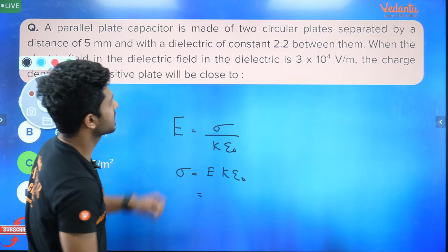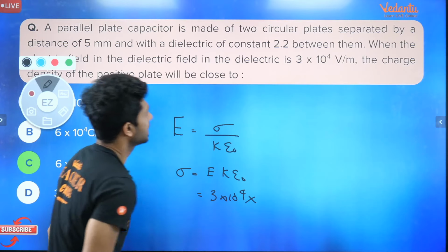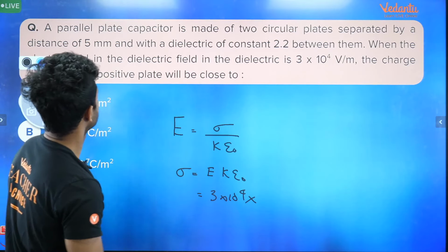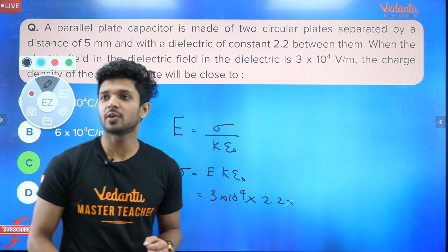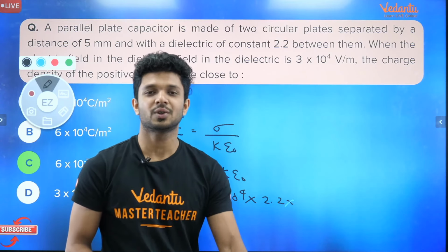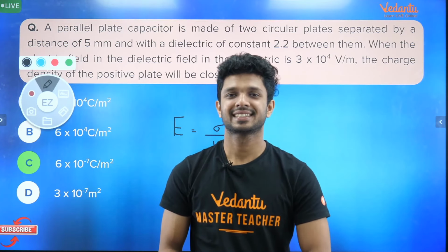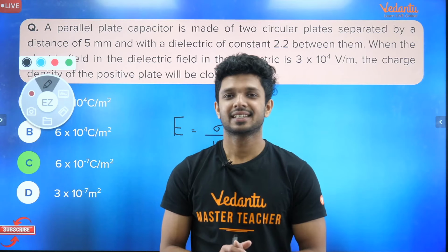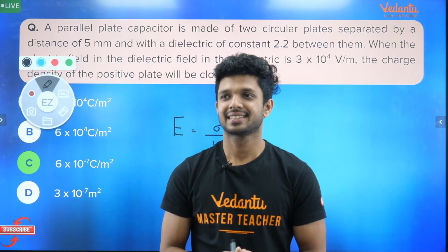What is the value for the electric field? It is 3 into 10 power 4, into K value, which is given as 2.2, and I hope everyone knows the value for epsilon 0. Who will give me the value for epsilon 0? Guys, give me the value for epsilon 0 very fast and quick.